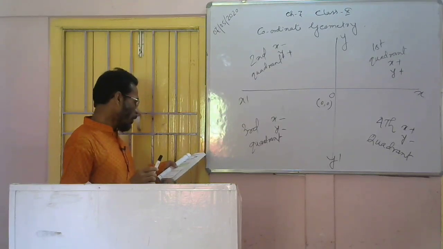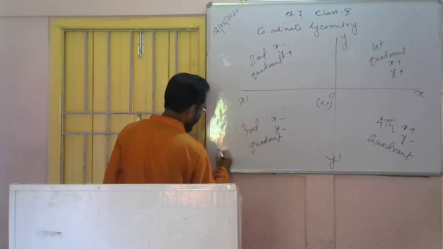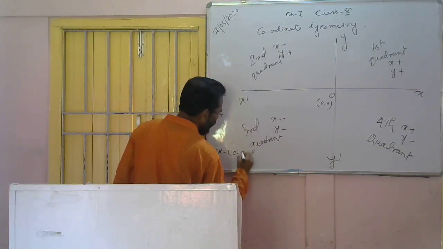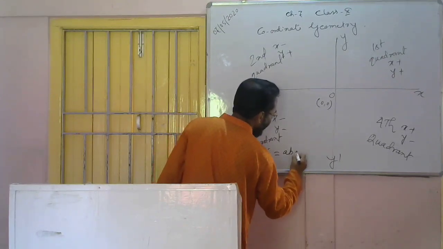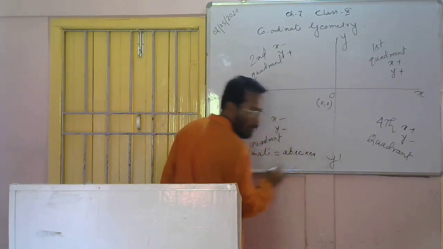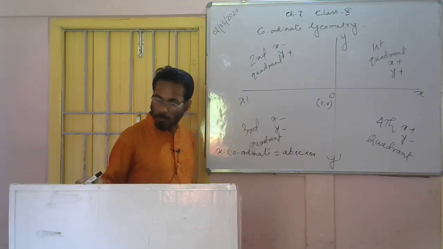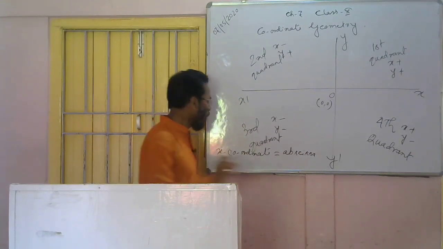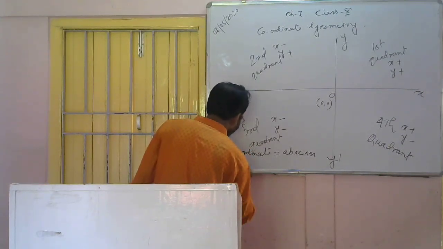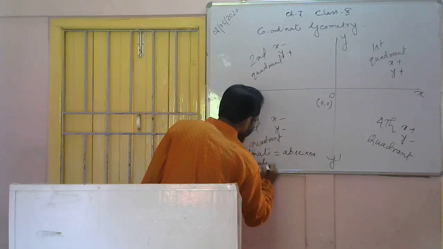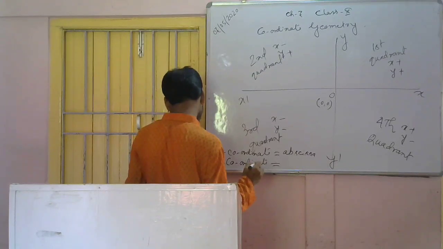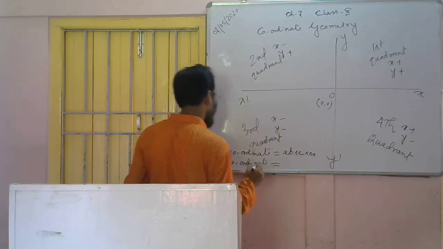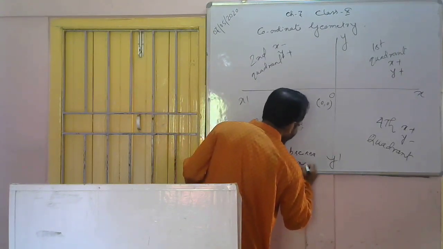And this x coordinate is called abscissa, and the y coordinate is called ordinate.